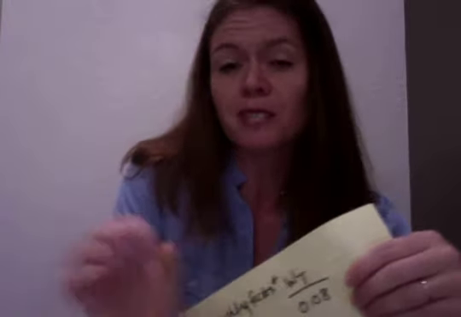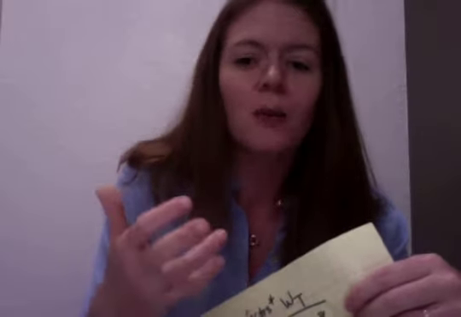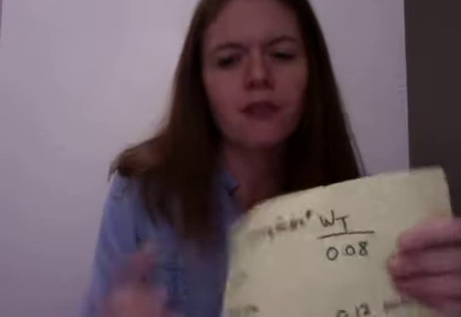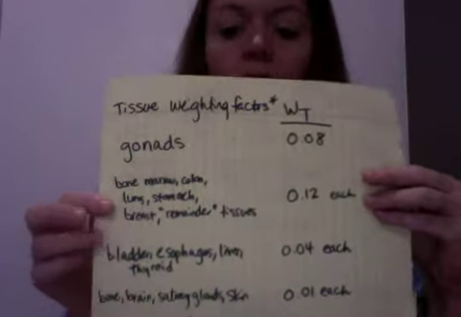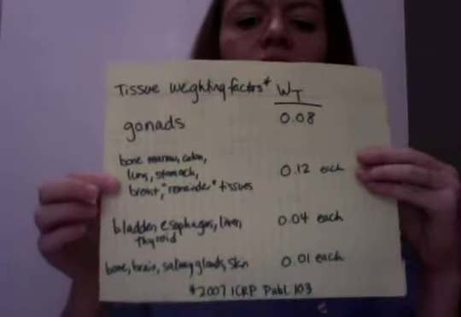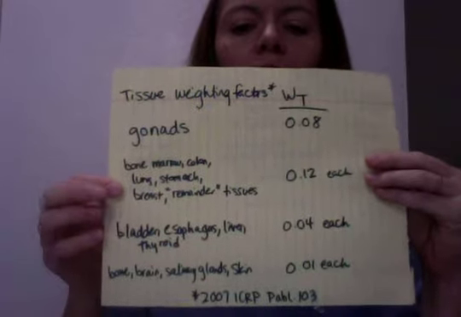And when they're in this specific cell cycle, they're really sensitive to radiation. And if they get hit by radiation during that time, it can kill that cell and it'll slough off. And it's especially damaging to the human or the animal or whatever organism it is. And then you can see there's lower tissue weighting factors for the other organs.